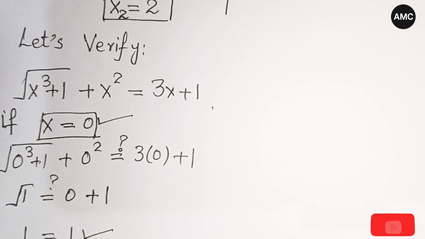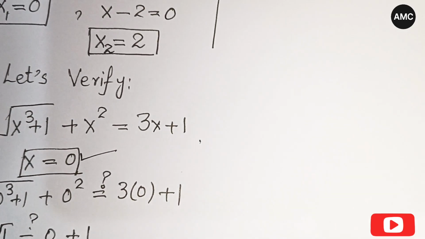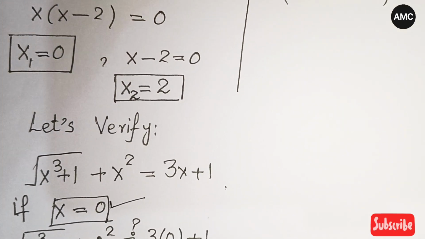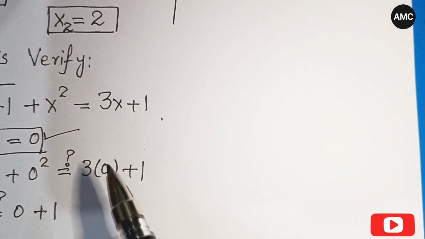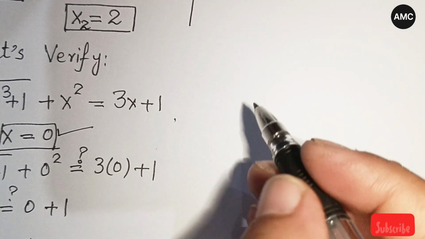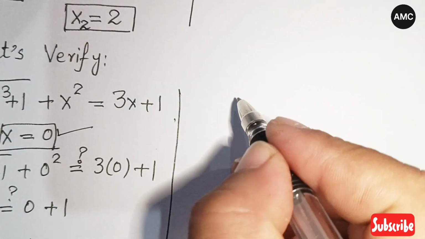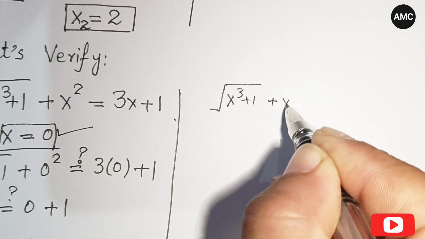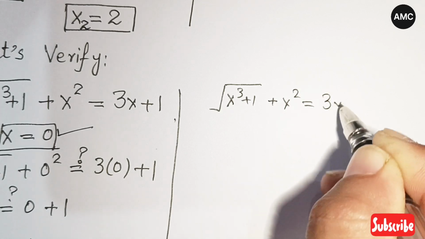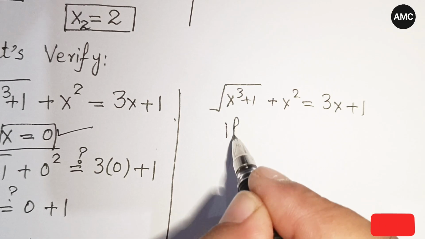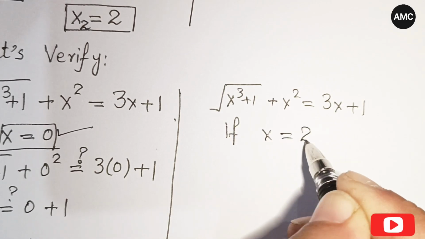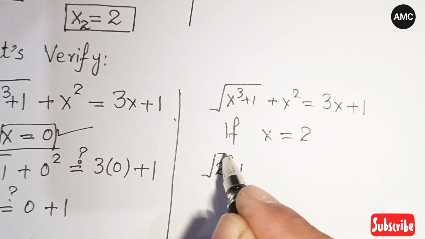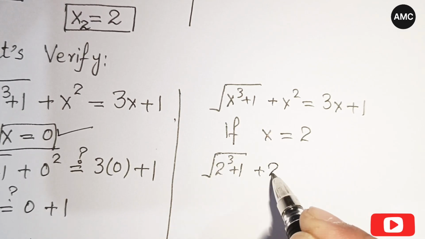Now we are going to check our other solution, which is x2 is equal to 2. Here again we recall our problem, square root of x cubed plus 1 plus x squared is equal to 3 times x plus 1. Now if x is equal to 2, x cubed will be 2 cubed, so square root of 2 cubed plus 1 plus 2 squared.